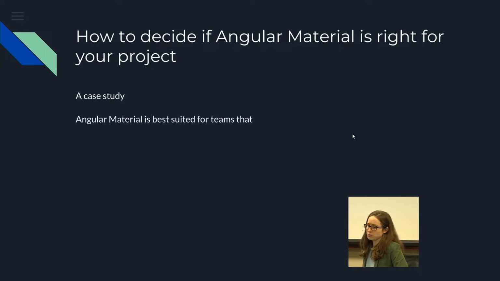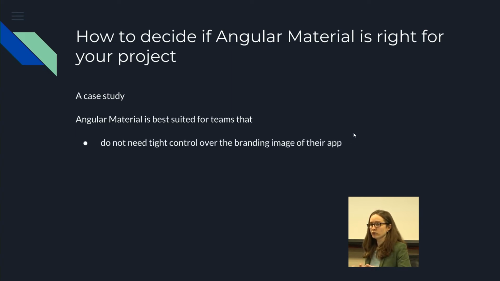Angular Material is best suited for teams that don't need tight control over a branding image. If you don't need your buttons to have some very special shape, if you can cede control to a third party.